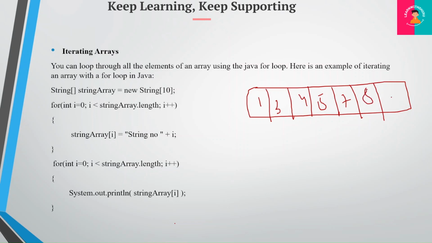So I want to print all the values. Then I need to iterate this. I will start with this. Then the string array dot length will be 6, equals 6. And now I will start printing.